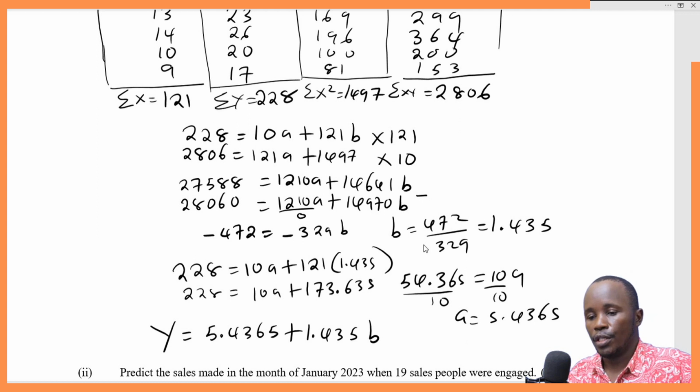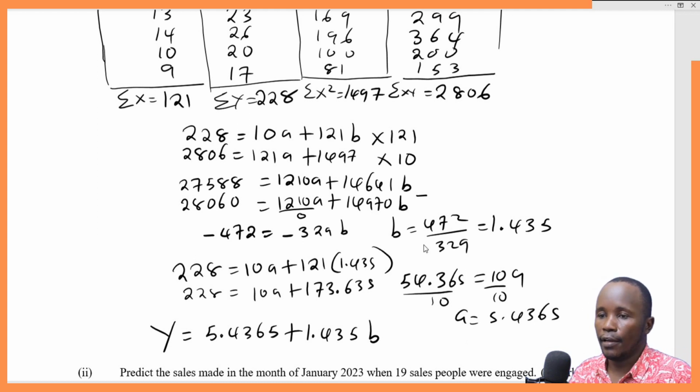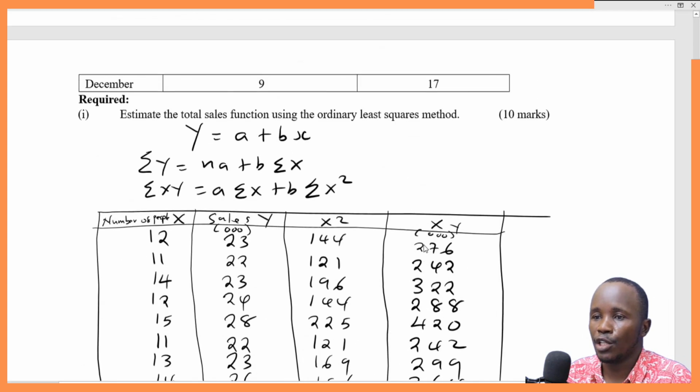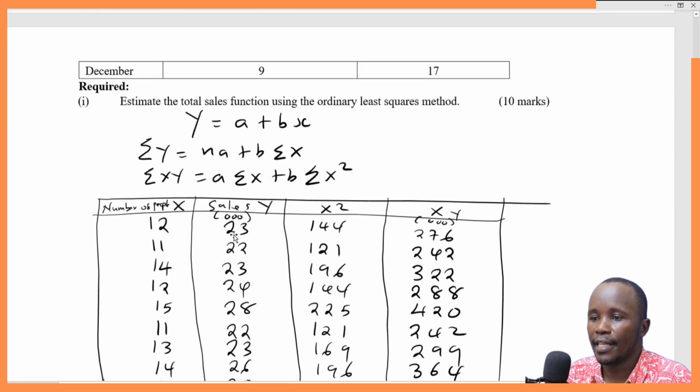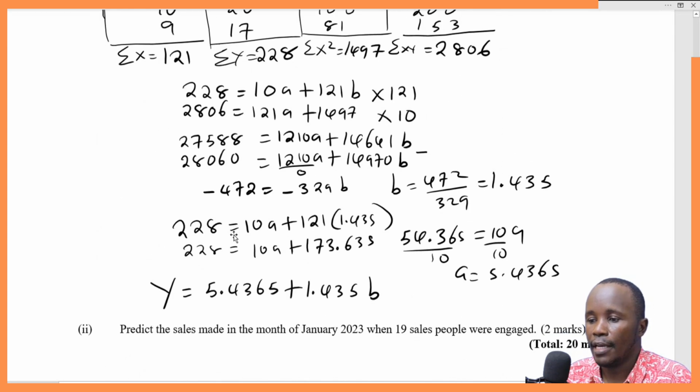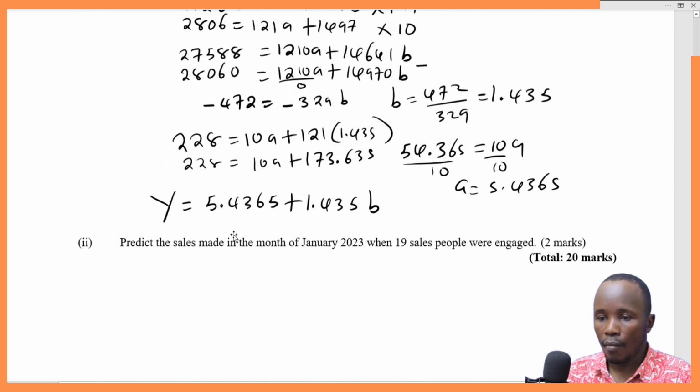That is the sales function. You're supposed to get the sales function. In the other part, you are told to predict the sales in the month of January when 19 salespeople were engaged.